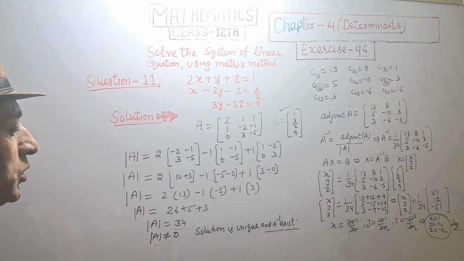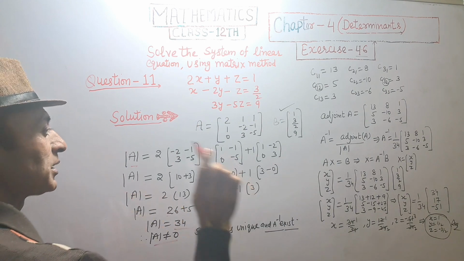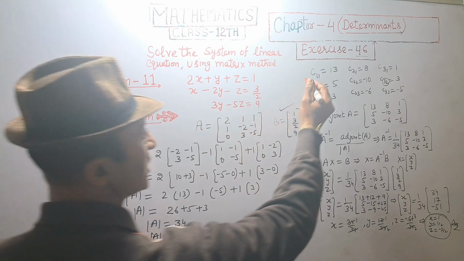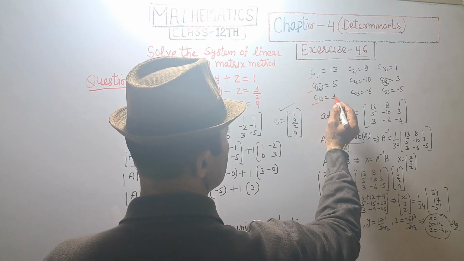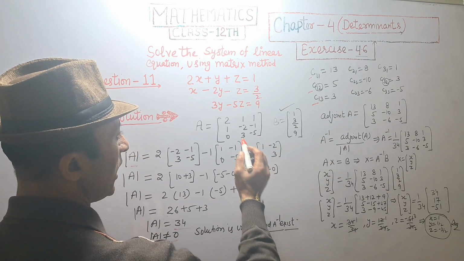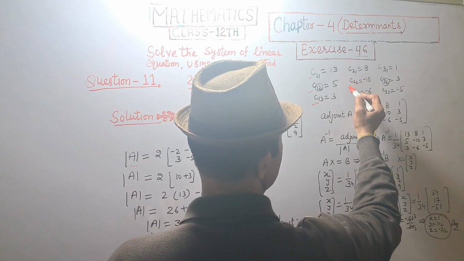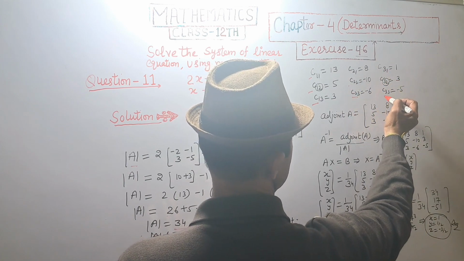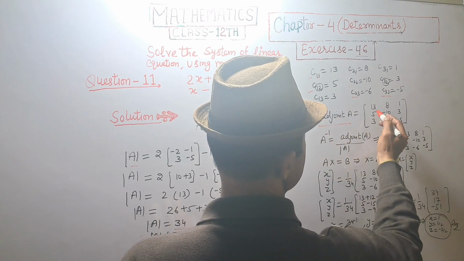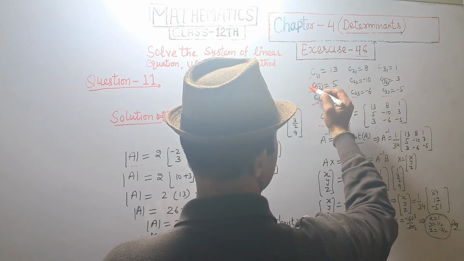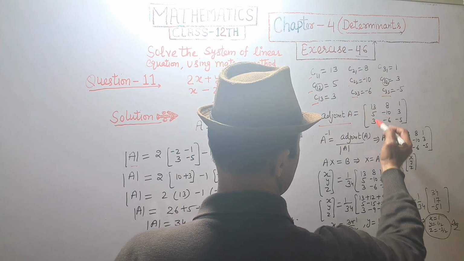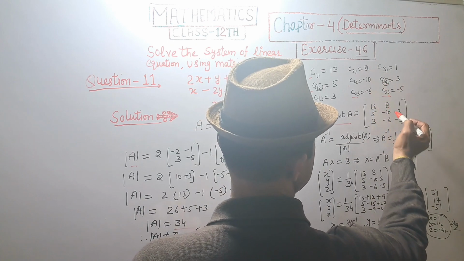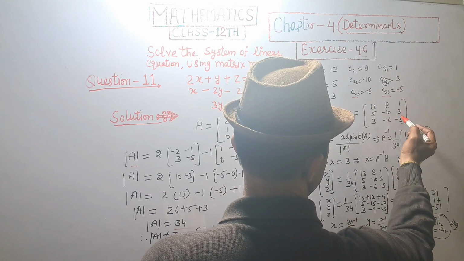Determinant of A is not equal to 0, so the solution is unique and A inverse exists. We find the cofactors of the matrix A: C11, C12, C13, and similarly C21, C22, C23, C31, C32, C33. Adjoint of A is equal to the cofactors in column direction: 13, 5, 13, 5, 3, 8, minus 10, minus 6, 1, 3, minus 5.